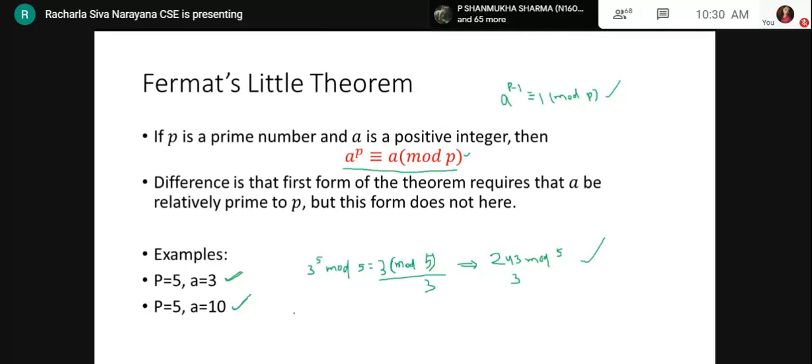And here the p value is 5 and the a value is 10.